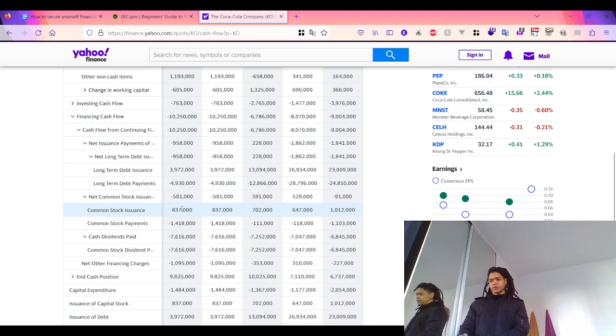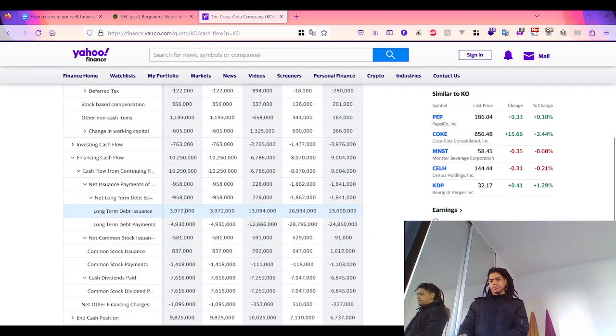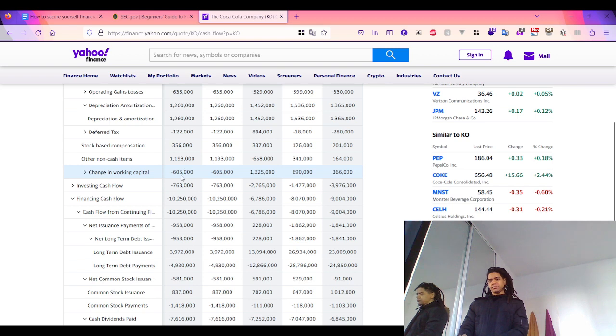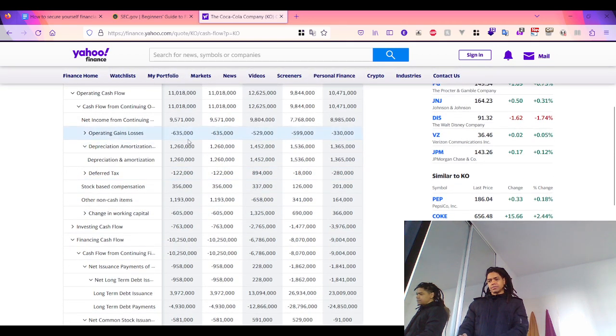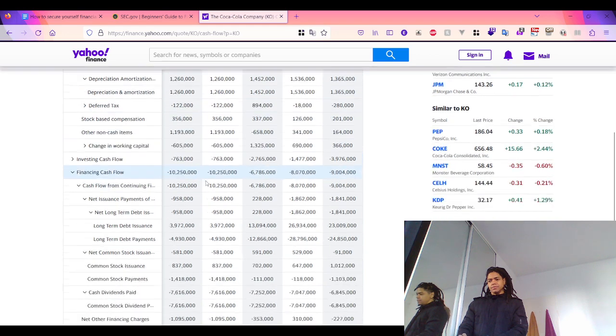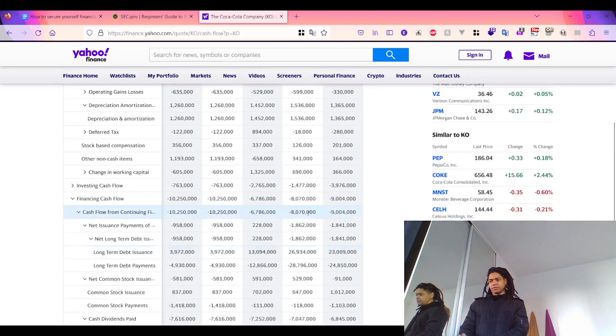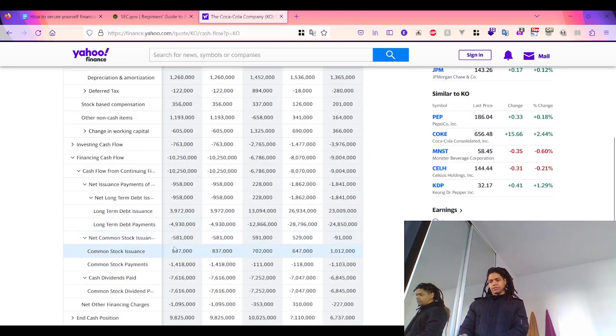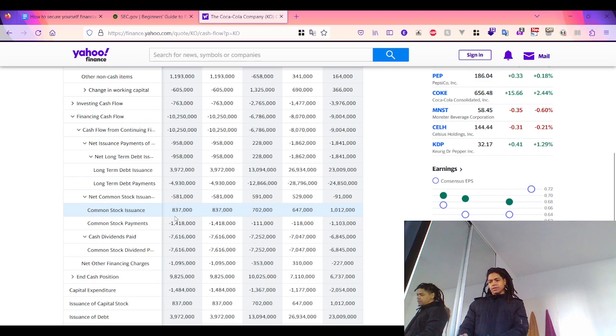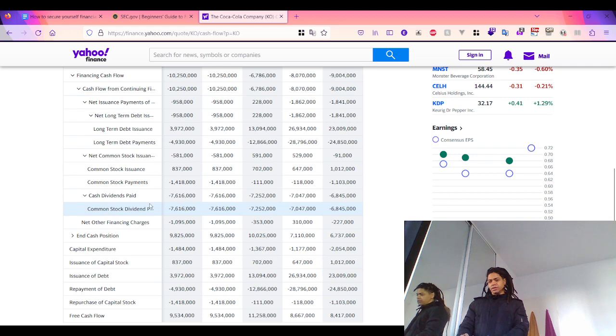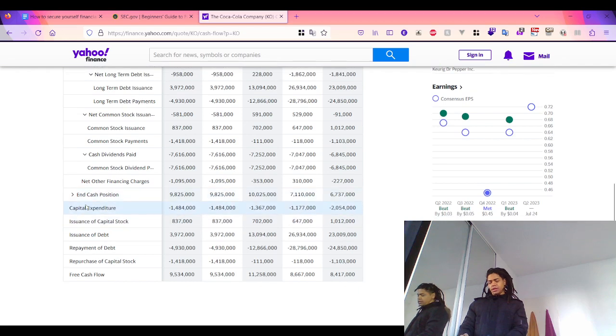This activity is registered as a cash inflow because all of this indicates that they're raising funds by issuing stocks, and common stock payments, and common stock dividend paid, and cash position.